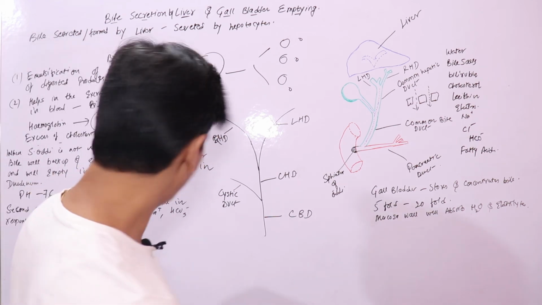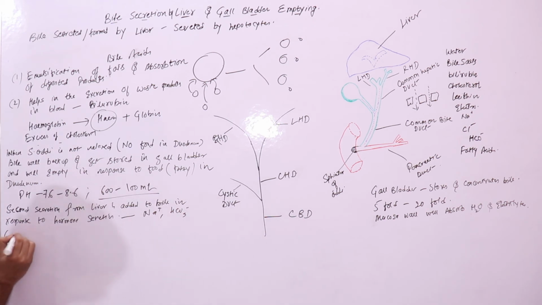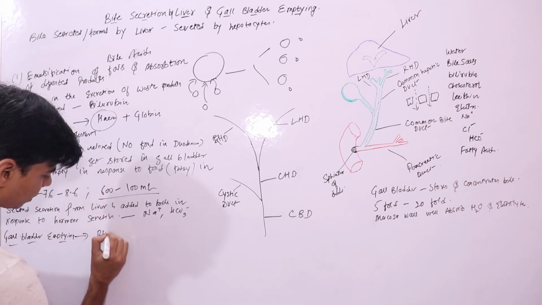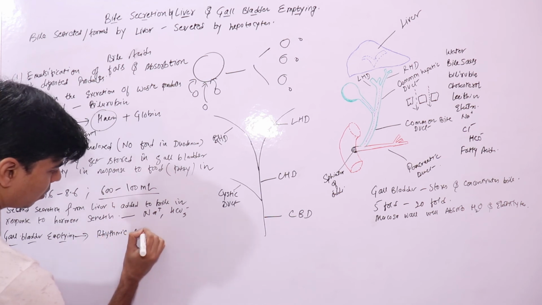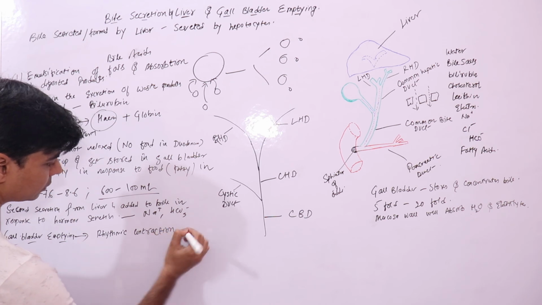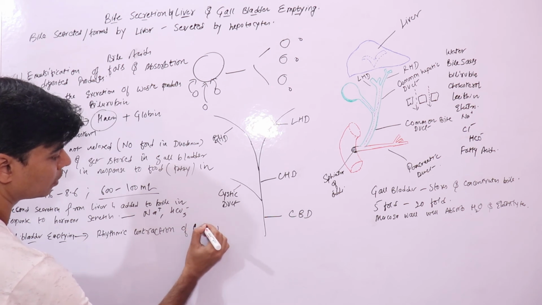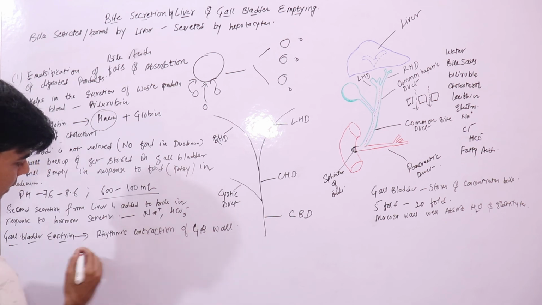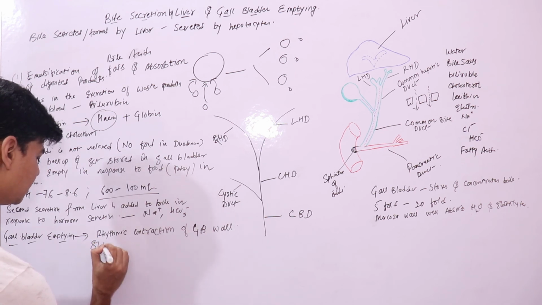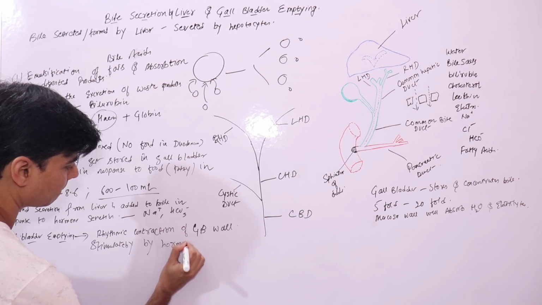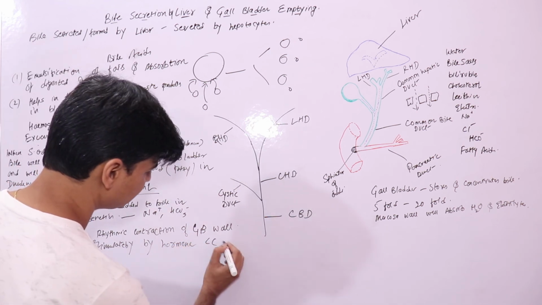So gallbladder emptying, let me just write it over here. Gallbladder emptying: the gallbladder is emptied by rhythmic contractions of the gallbladder wall, and it is stimulated by the hormone cholecystokinin, also abbreviated as CCK.